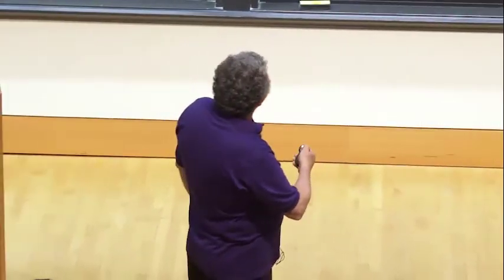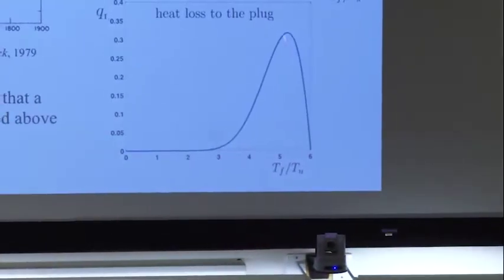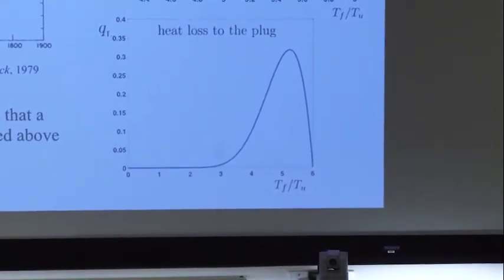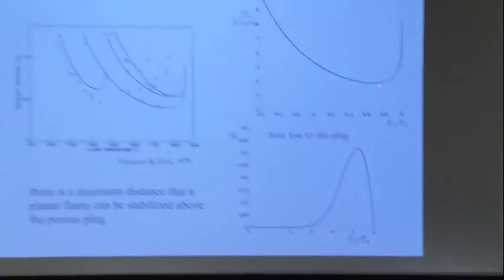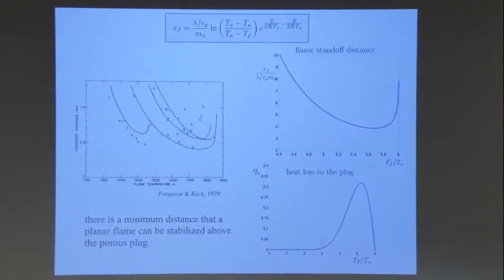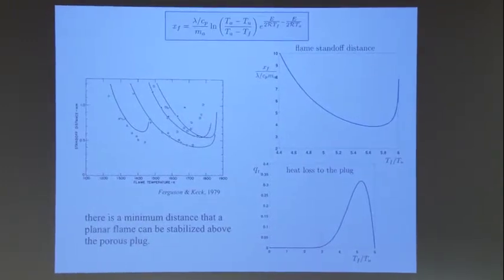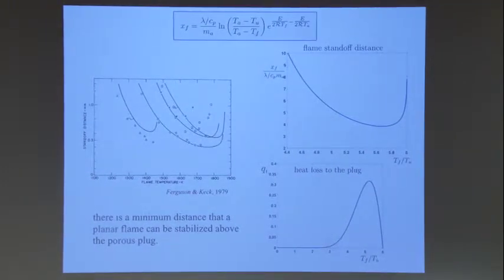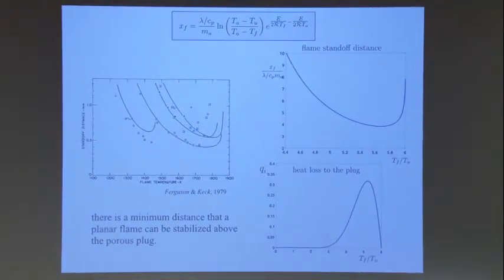As you get closer to the plug, there will be heat losses, which, as you see here, increases, right? And the flame will reach a minimum distance and then will move back upward. In other words, the flame will never be able to reach the plug. It will always stand up at a distance away from the plug, and that distance is determined here.